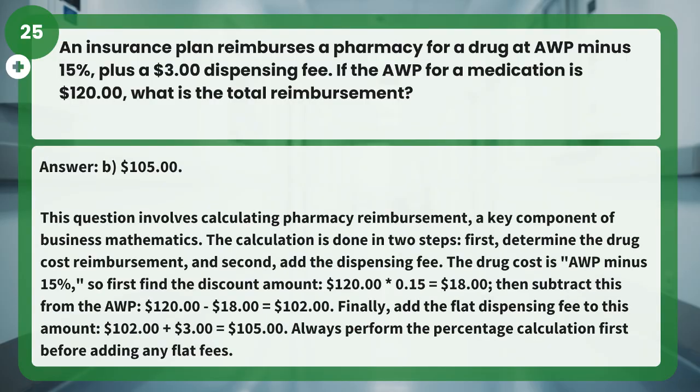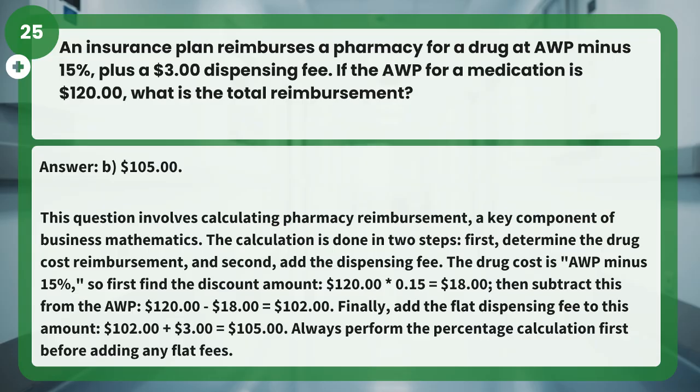Answer: B. $105. This question involves calculating pharmacy reimbursement, a key component of business mathematics. The calculation is done in two steps. First, determine the drug cost reimbursement, and second, add the dispensing fee.